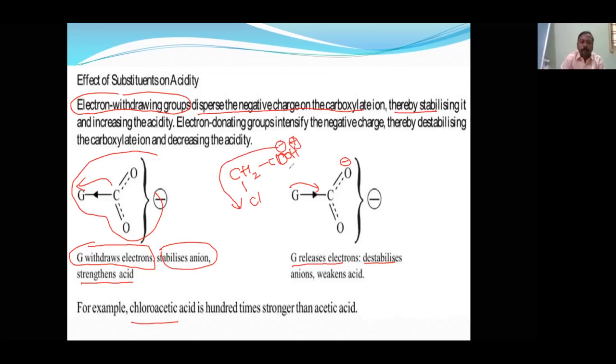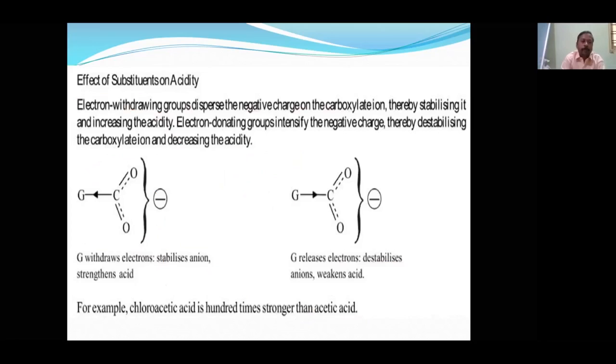So this withdrawing nature of the chlorine increases the acidic strength 100 times than the acetic acid. Acetic acid is weaker and chloroacetic acid is stronger because of the EWG nature. EWG means electron withdrawing group. So the more EWGs, the more the acidic strength. We will be doing some questions also, then you will understand with clarity.